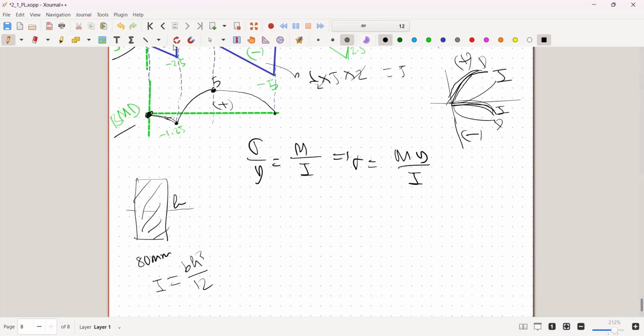And from the neutral axis, my y should be this distance, or simply h over 2. Since I put it back, it will simply become b h squared over 6.